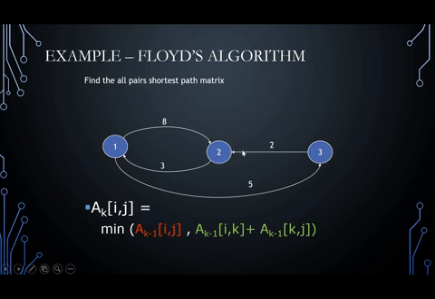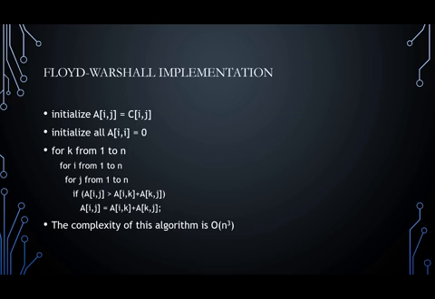So the matrix will be updated: from 1 to 2, the distance 8 will be removed, and in that place we will put the cost as 7, because A of ij is greater than A of ik plus A of kj, right? So based on that method, we would update the costs in Floyd's algorithm.